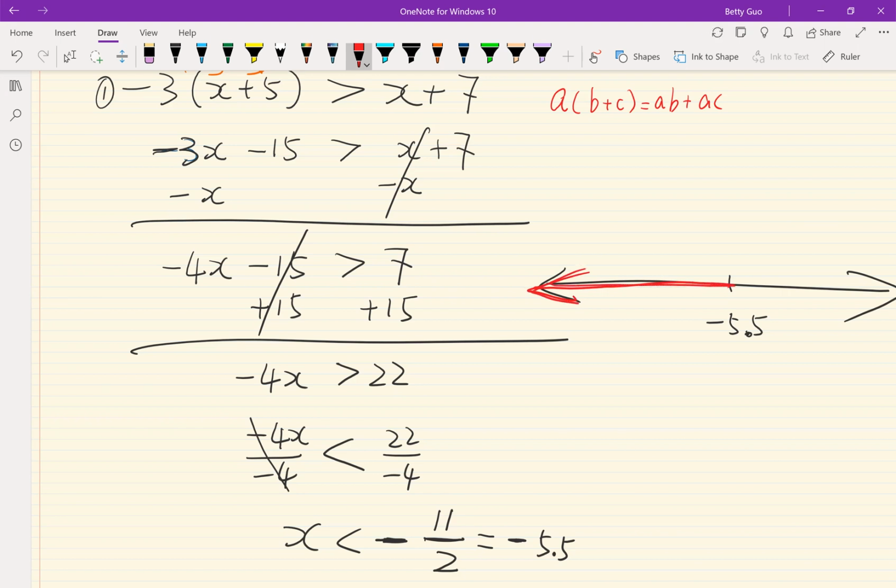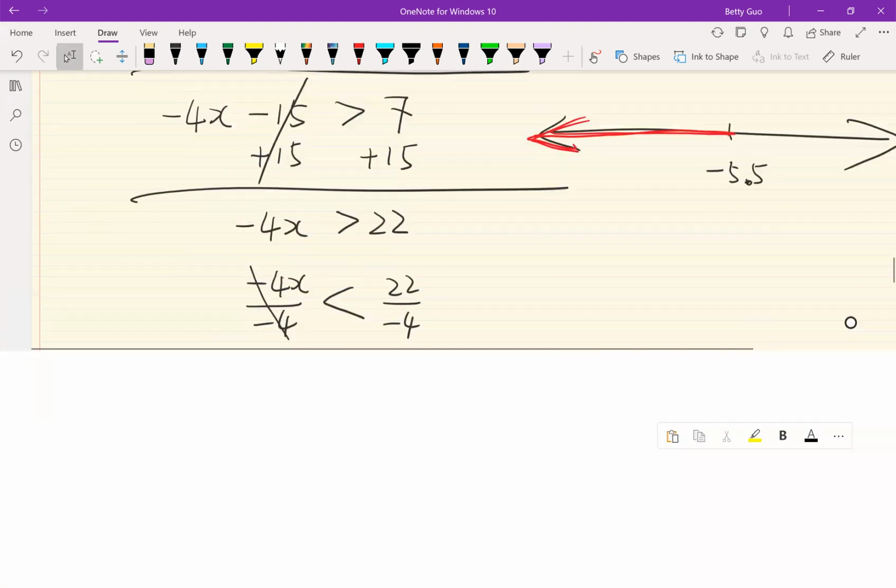What about at negative 5.5? Do we use a parenthesis or bracket? Parentheses, right?